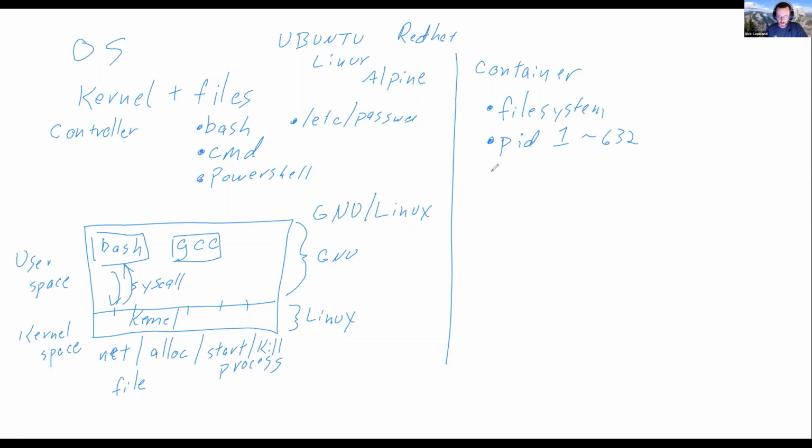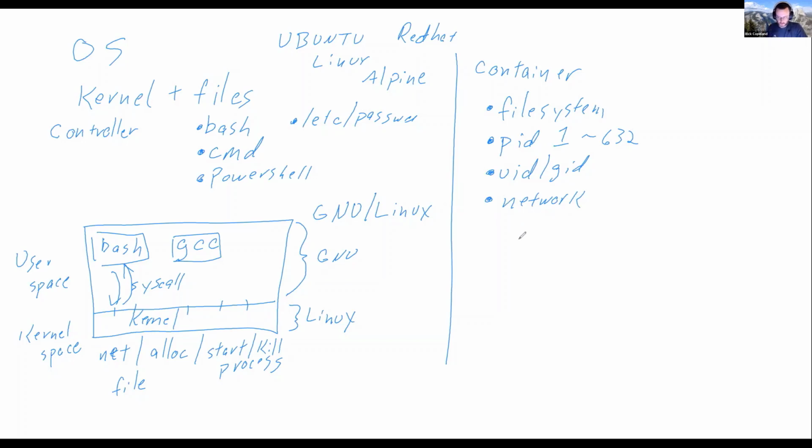There's also a user ID mapping. The set of users that have access to the container could be a different set of users than have access to the host. And the same thing applies to groups. And you also have different networks. That just says, I want to bind to my first network interface, or I want to send something on an IP address.